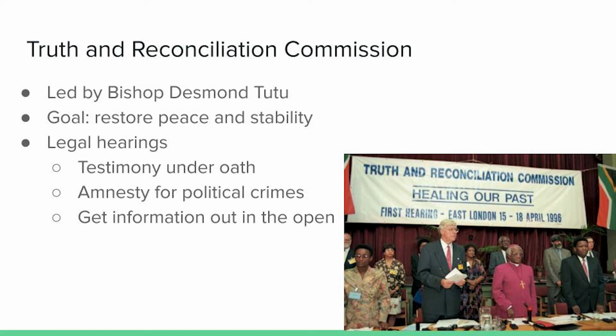And this Truth and Reconciliation Commission gave perpetrators the opportunity to tell what they had done, murders they had committed, violence they had enacted, and it gave families the opportunity for closure and to know what had happened to their loved ones. Rather than keeping the secrets in order for people to protect themselves against retaliation, people could tell what had happened and allow for forgiveness and reconciliation to take place.